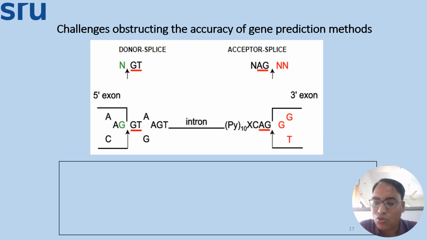Because two exons are combined together during splicing, I can call these the donor splice and acceptor splice. When an intron comes in the middle, GT, N, AG, where N is anything.